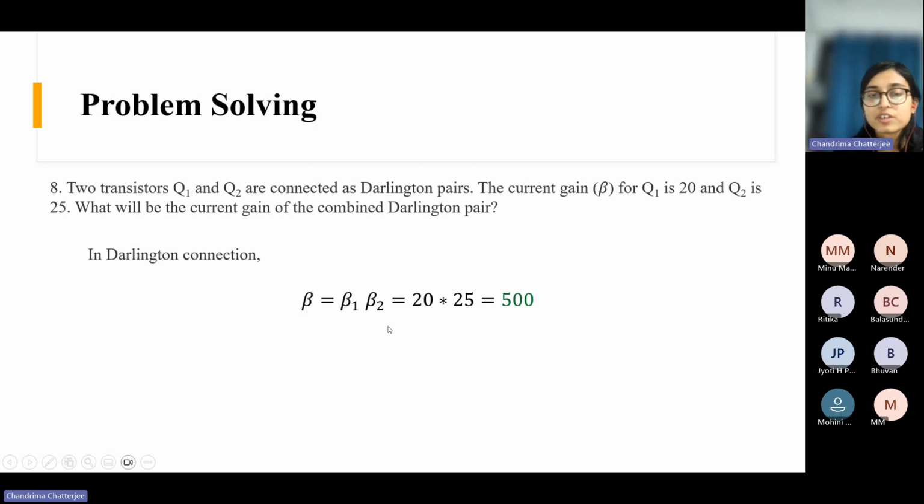I already told that in Darlington pair we just have a beta which is basically the multiplication of the individual betas. So beta 1, beta 2 should be multiplied. That becomes 500. So you will get a combined beta of 500 while you have the two transistors in Darlington pair. Okay, so this is very straightforward.